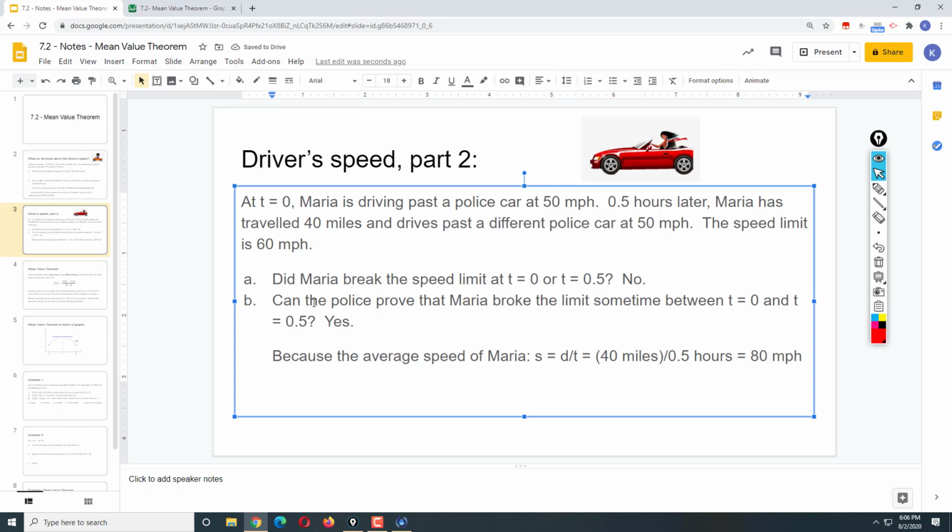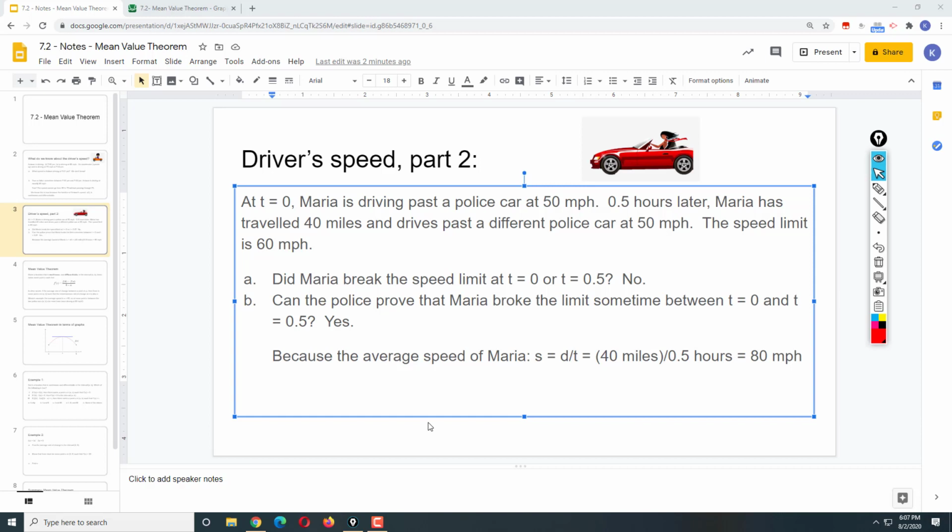On average, she is driving at 80 miles per hour. Why? Well, we can think of it this way. The average speed is 80 miles per hour, right?